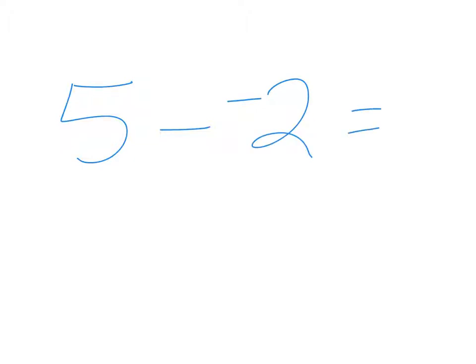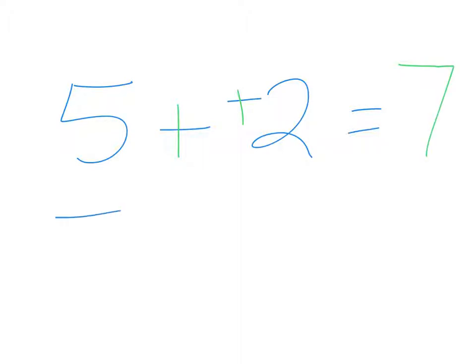It doesn't matter what the signs are right now. It only is going to matter when we change it to add the opposite. So if I add the opposite, I end up changing subtraction into addition, changing -2 into +2. Now I end up with +5 plus +2, giving me +7.